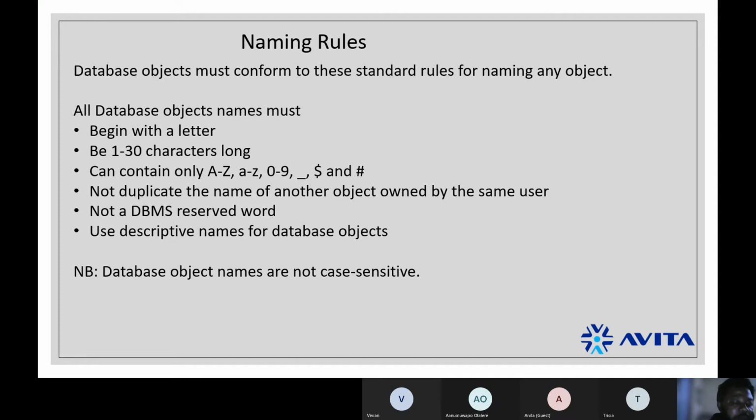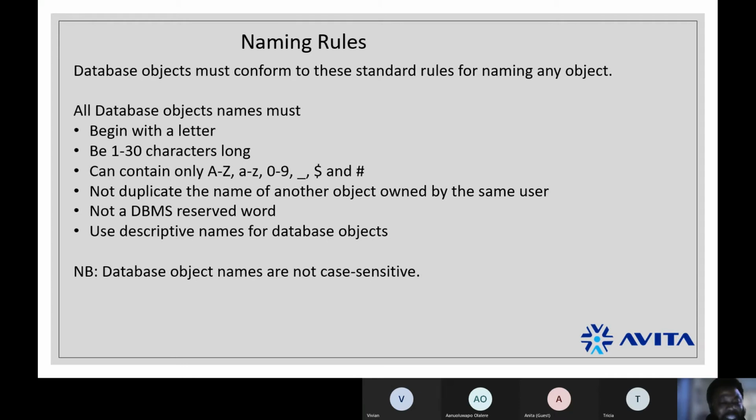Let the name of an object reflect the function of that object. So take, for example, if a table is going to contain student information, I can easily name that table student details so that it reflects what the table is supposed to do. I hope you're following me.